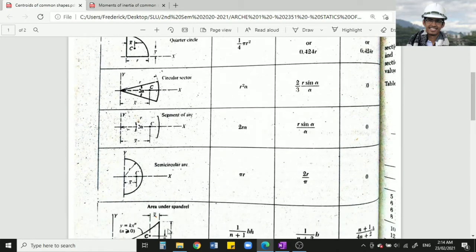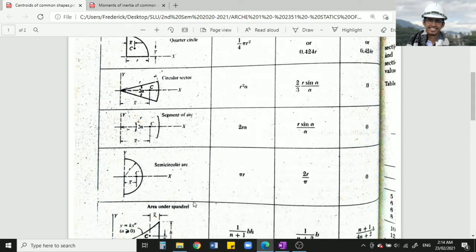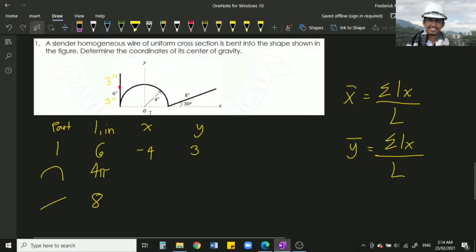Pero yung ating orientation ng ating arc doon sa ating given, nakapahiga siya, okay? Or nakadapa. Okay? So yung magiging centroid ng ating arc will be nandito banda. So yung magiging x natin dito will be 0. Okay? So x will be equal to 0 kasi along dun sa y-axis, nag-coincide siya sa y-axis yung ating center of gravity ng ating semicircle. Okay? Kaya 0 yung x natin.